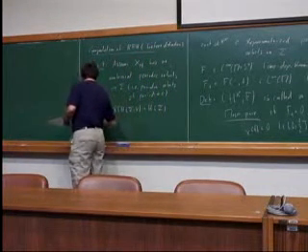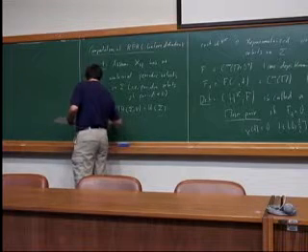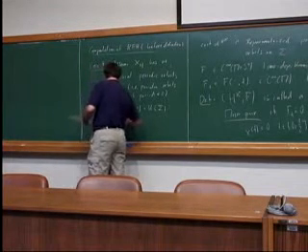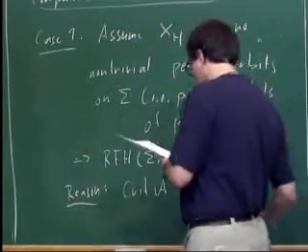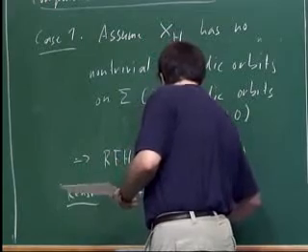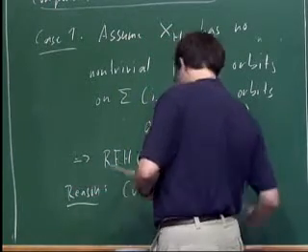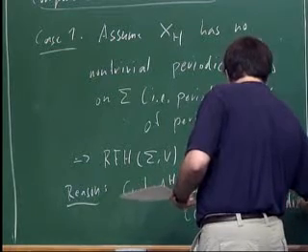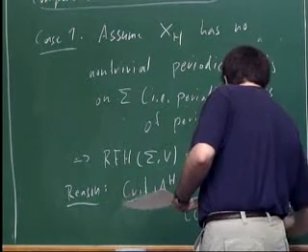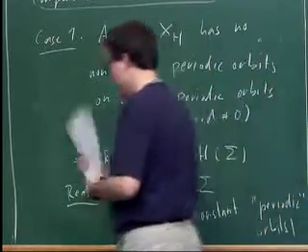The reason is that the critical set of A_H is diffeomorphic to Sigma, which corresponds to the constant periodic orbits.